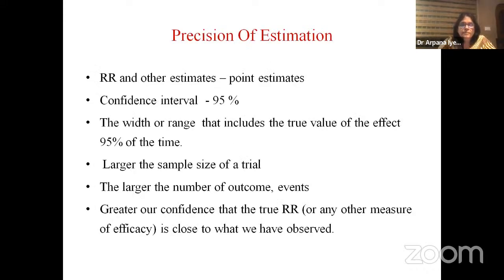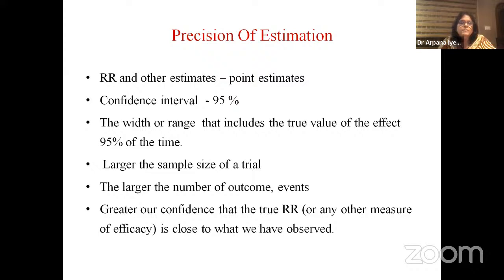Whatever we have learned till now, the relative risk, the absolute risk reduction and the number needed to treat, are all point estimates, but we need to know how precise that estimate is. We have estimated the RR, ARR and NNT, and we need to further know how precise the estimate is, for which we need to know the confidence interval.